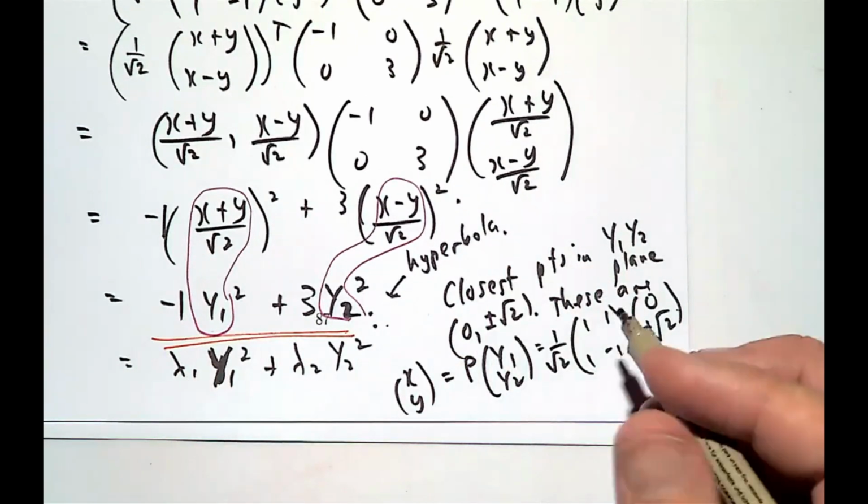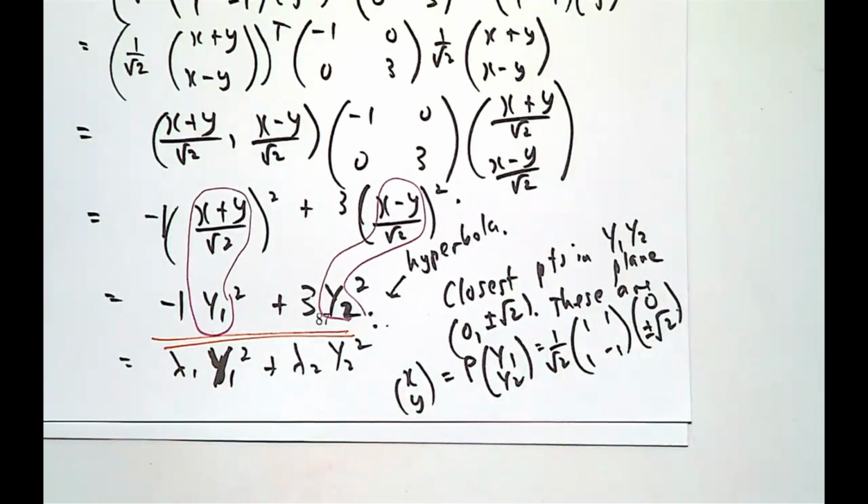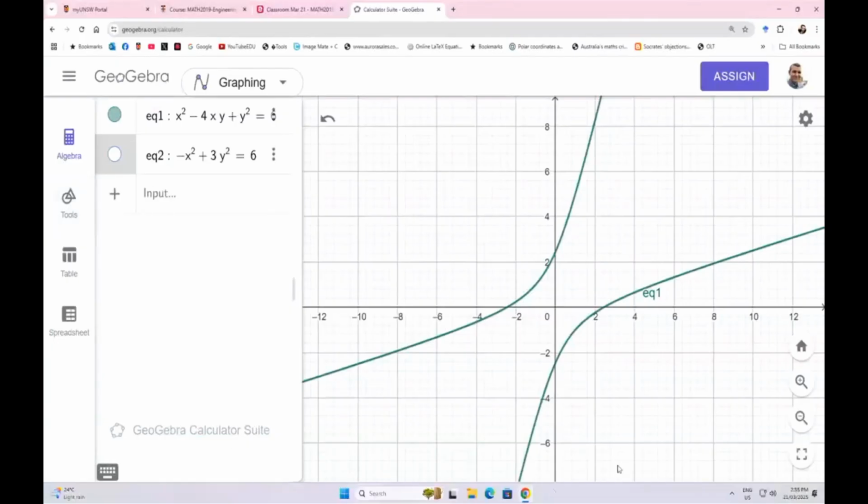So what are we going to get? We should get that point there, and that point there: 1, -1, and -1, 1.